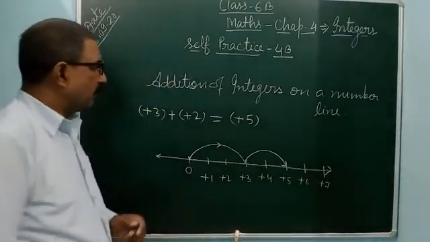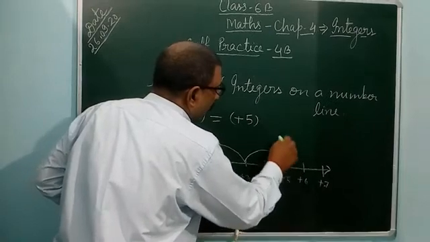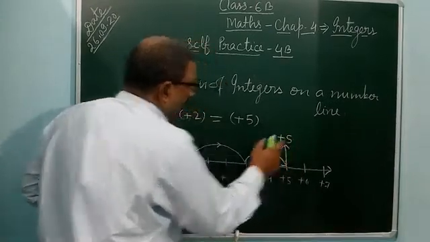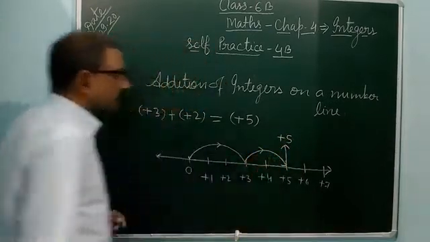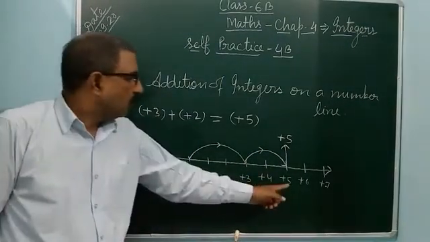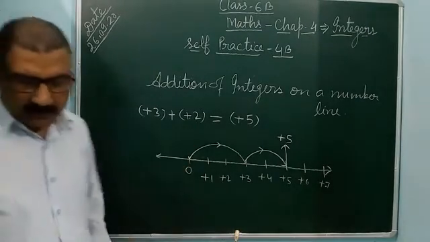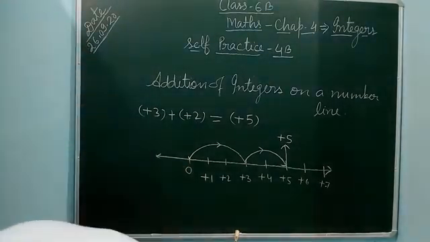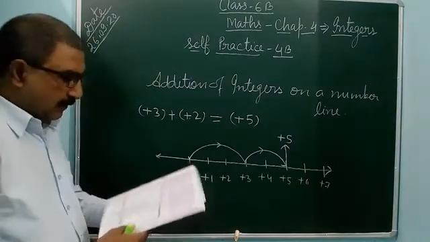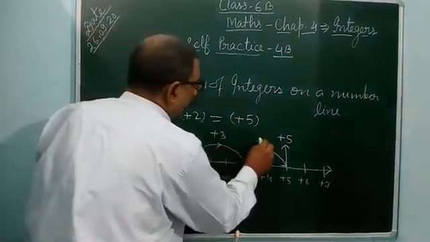What will the result be? Plus 5. Plus 5 is the result. It means from 0 to 5 is the result. So in this way you can add integers, as you can see, plus 3 and plus 2.